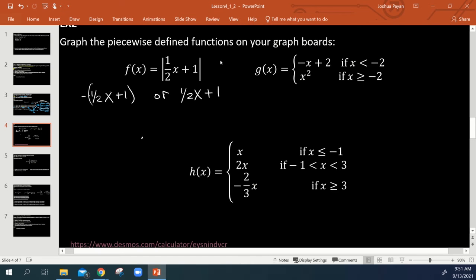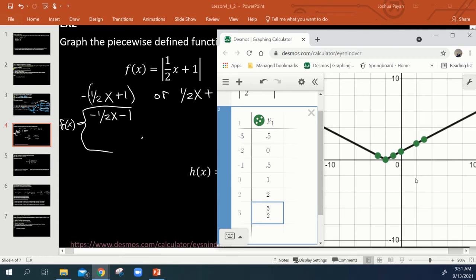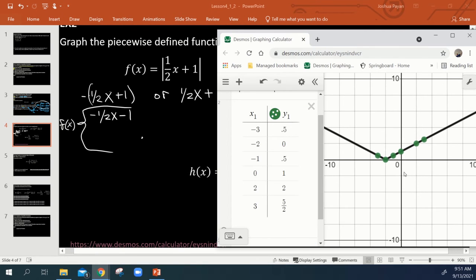So the question is, where does it behave this way? I'll go ahead and distribute the minus. And I can tell you from experience, this one's going to intersect at 2.